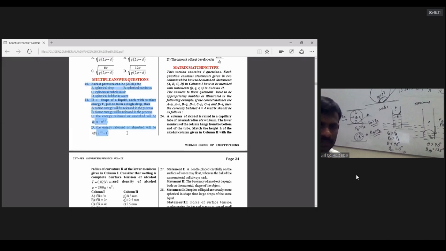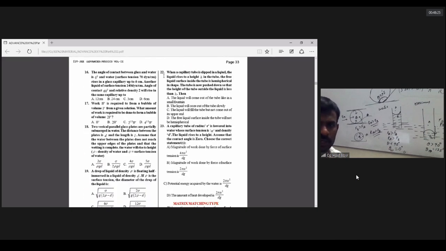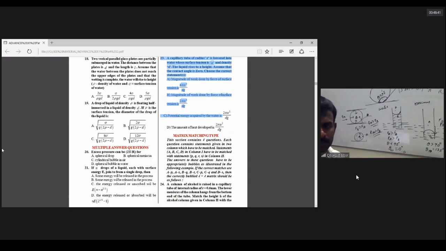I taught them in the classroom straightaway: 20, 21, 22, 23. And the previous questions have also been given to you. So try to practice them. There is a chance to get maybe one question, then good for you, out of 20, 21, 22, 23. Okay. Any other things? Otherwise, thank you all.